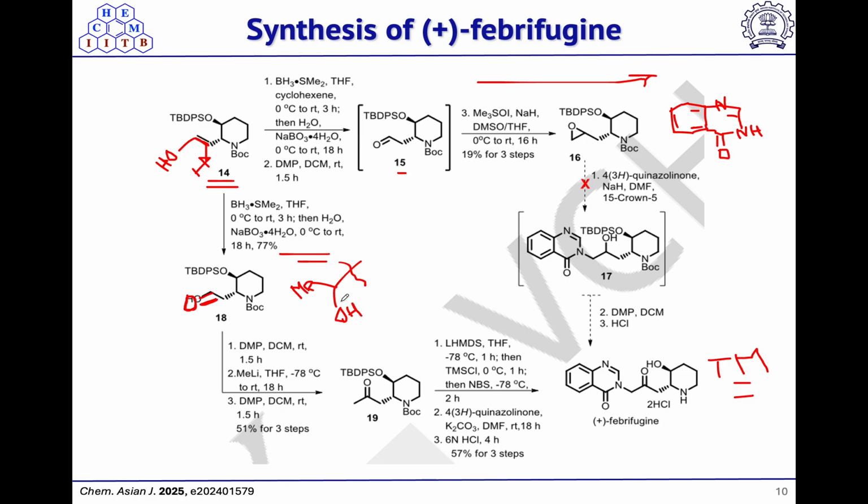So now see the next reagent, and that is also DMP in DCM, right? DMP in DCM. And DMP is again an oxidizing agent, Dess-Martin periodinane. So what will happen? You'll get the oxidation of this alcohol and you will get this compound 19, right?